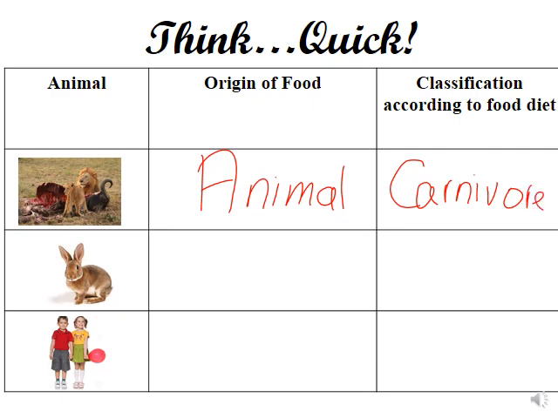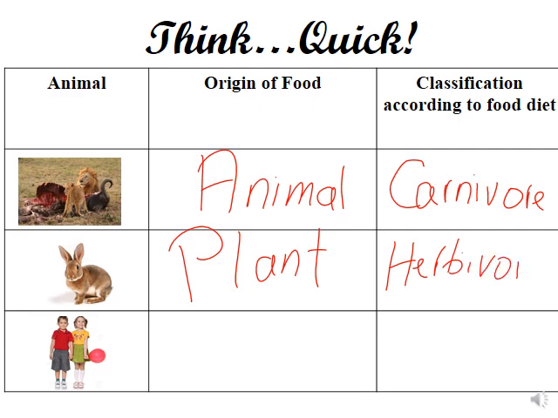While those that consume food of plant origin only, like the case of the rabbit, are called herbivore. While those that consume food of both plant and animal origin are called omnivore.